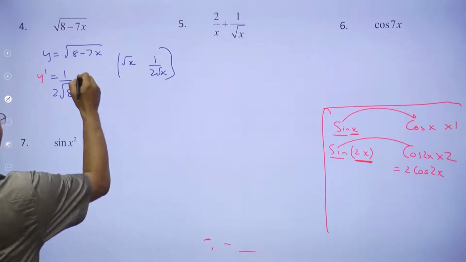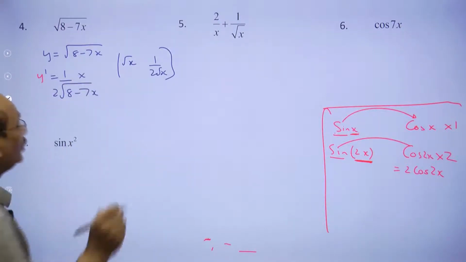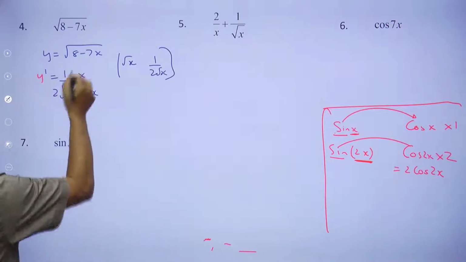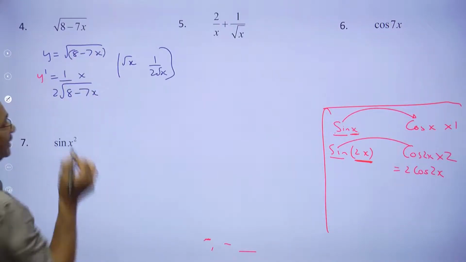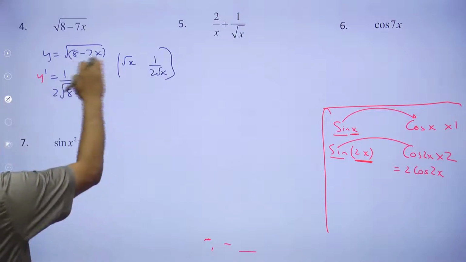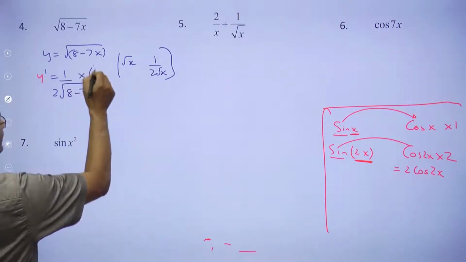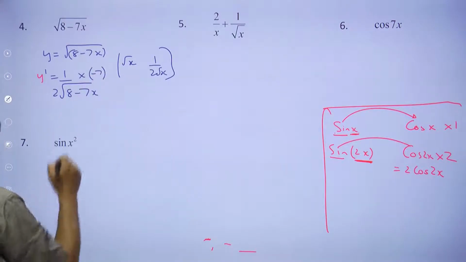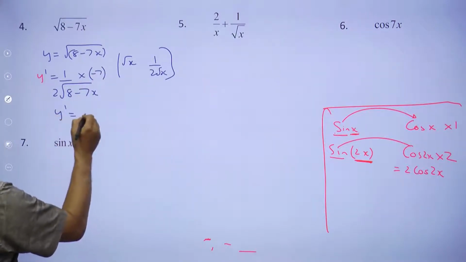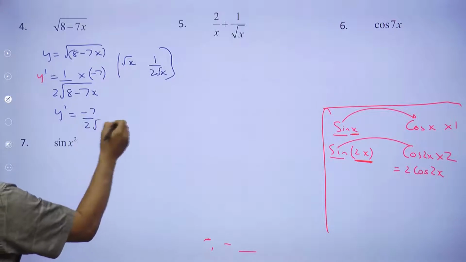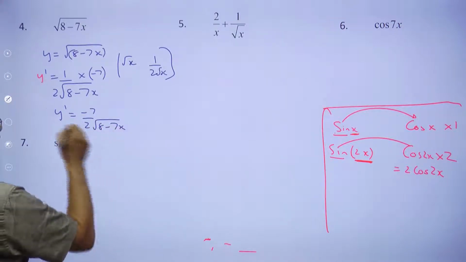And then the chain rule says into, pay attention now. Root derivative is 1 upon 2 root, go inside, that is the algebraic function. What is the derivative of 8 minus 7x? The derivative of 8 is 0 and of minus 7x is minus 7. So in short, y dash is nothing but minus 7 upon 2 root 8 minus 7x.